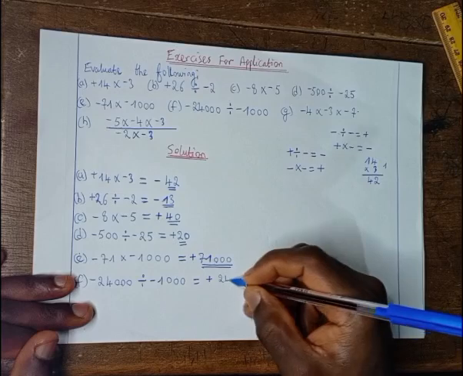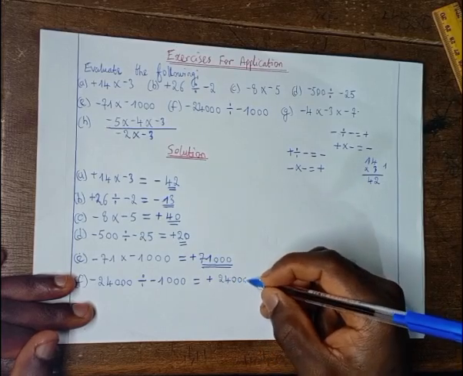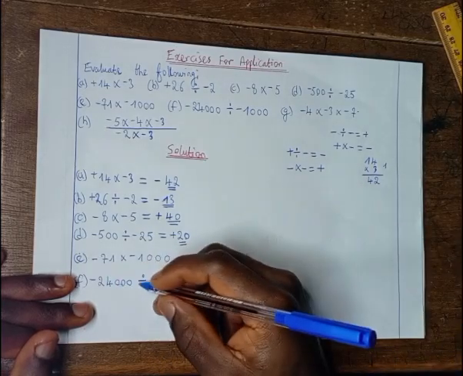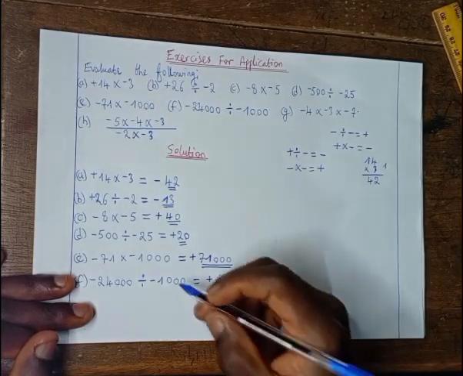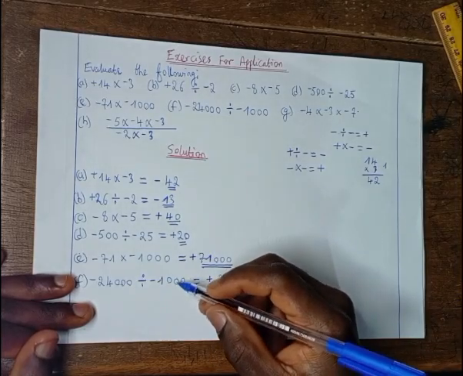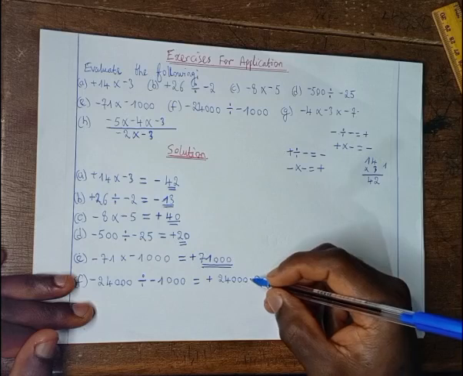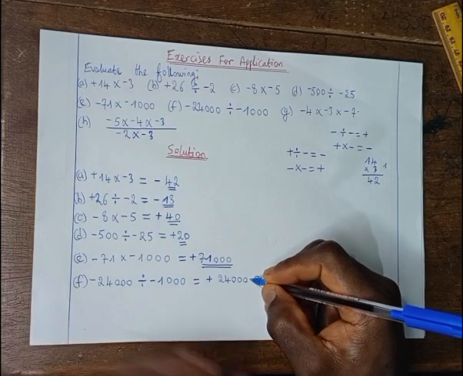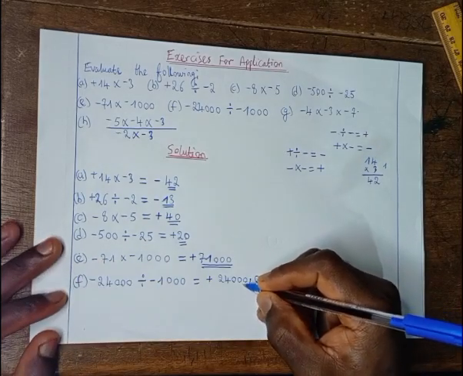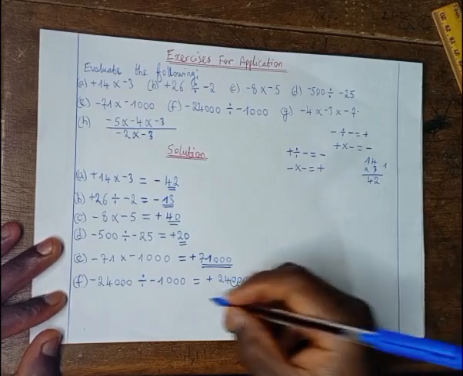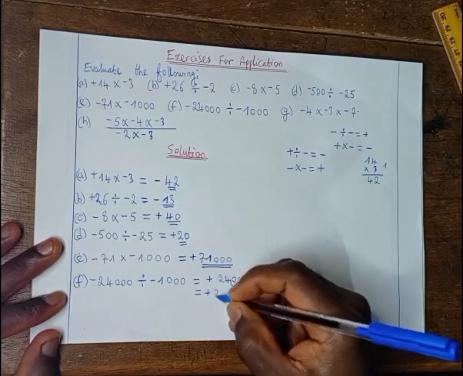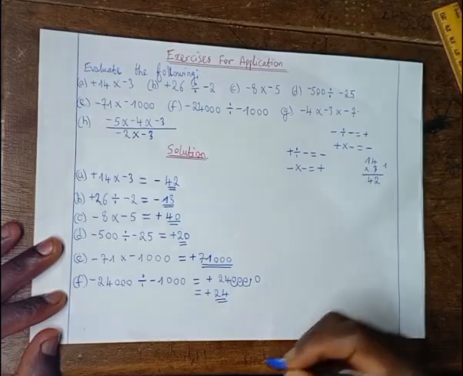We are going to write down 24,000, the integer, 0.0. Since we are dividing by a power of 10, which has 1, 2, 3 zeros, we are going to move the decimal point 3 places to the left. We take it 1, 2, 3. So we have to end here, and this will simply give us positive 24.